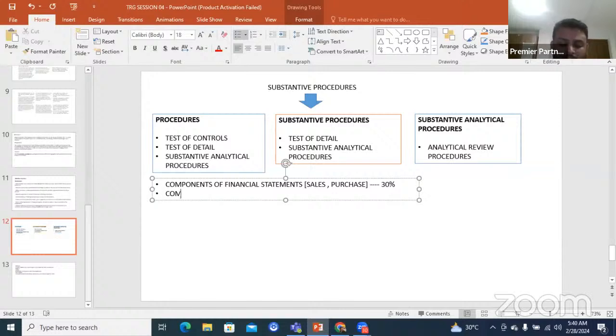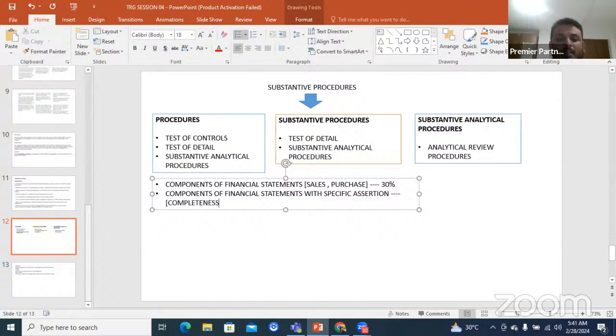The second one is, again, components only. Components of financial statements with a specific assertion. For example, completeness of sales.